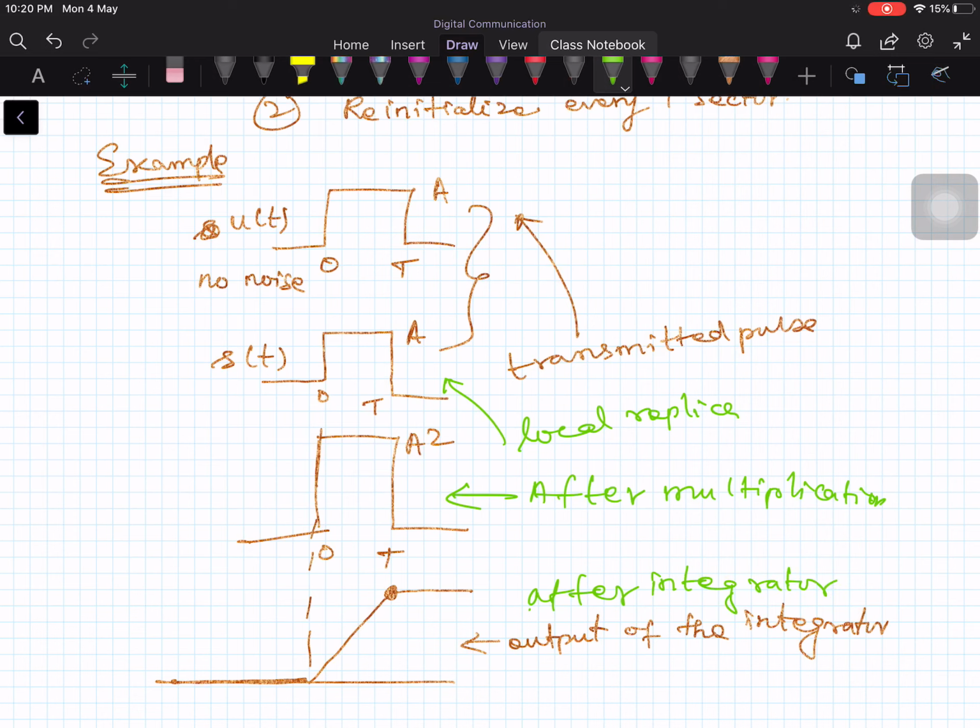If the integral output is positive, then you decide that is a positive value, and you assume that 1 was transmitted.